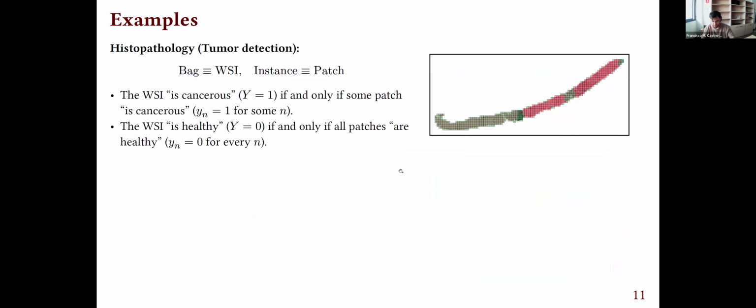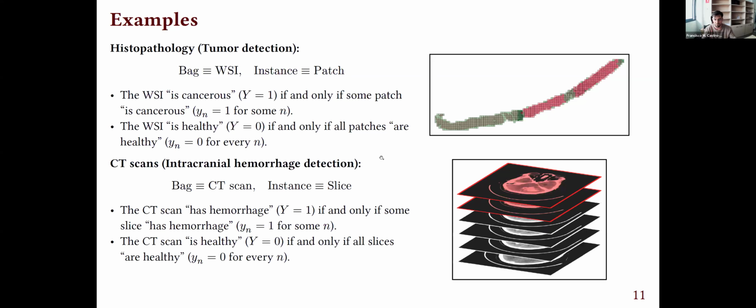Examples of this framework or setting that I have just explained are, of course, histopathology, but there are many more. For example, when we want to detect intracranial hemorrhages from CT scans, we observe the same setting.